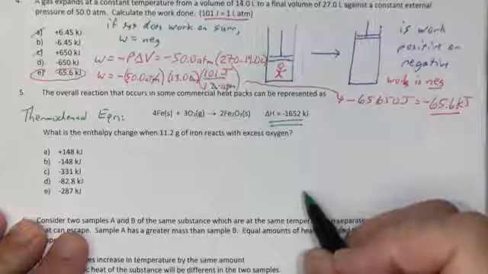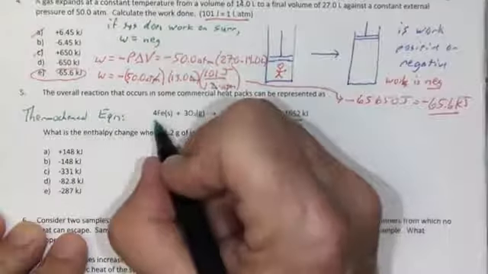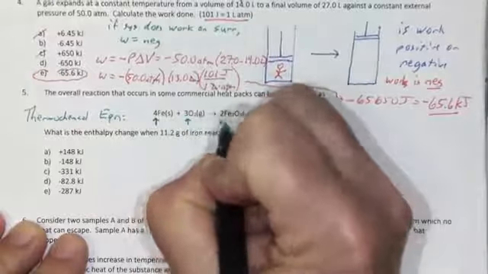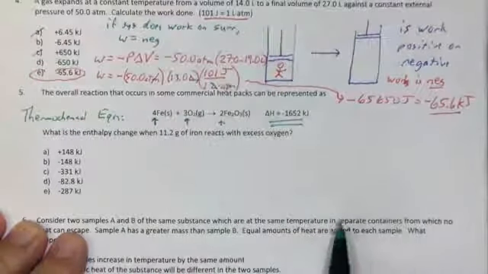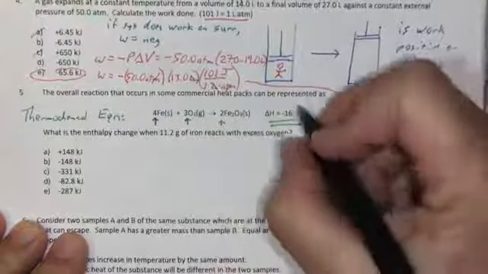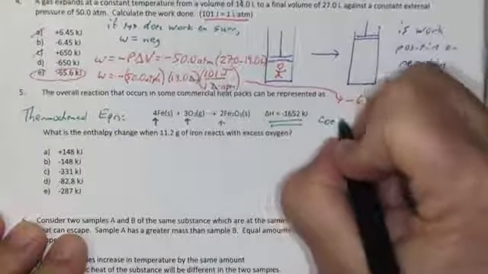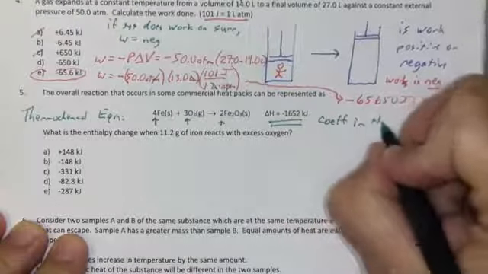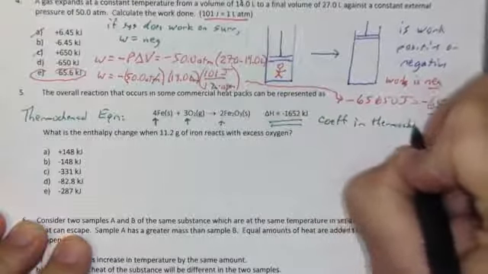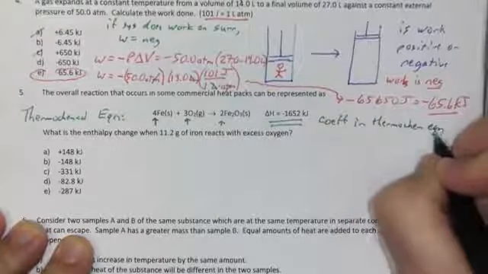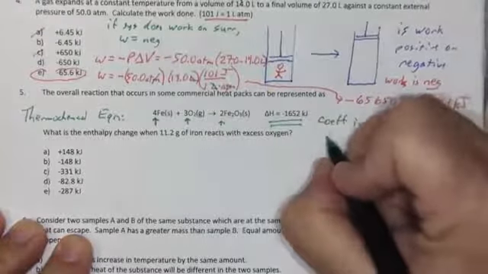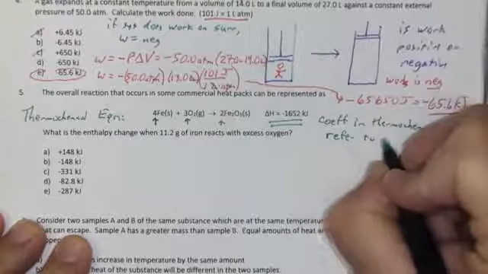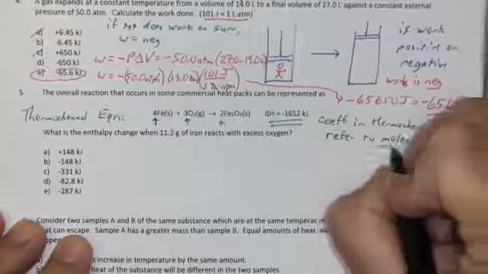And the most important point about a thermochemical equation is that these coefficients, 4, 3, and 2, refer to the number of moles of reaction. So the coefficients in a thermochemical equation refer to moles of reactants and products.